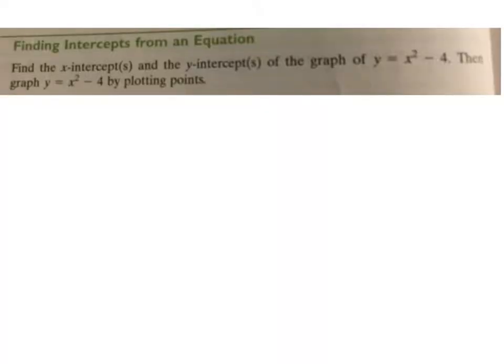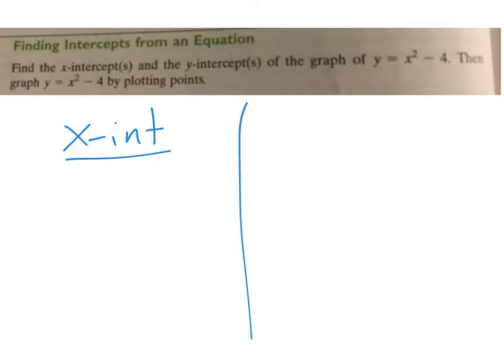So let's go back to that original problem that we had before, where it tells me to find the x and the y-intercepts. Now we already know this has symmetry with respect to the y-axis because we found that earlier. Now we're going to find the x-intercepts and the y-intercepts. What is it we knew happened at every x-intercept?